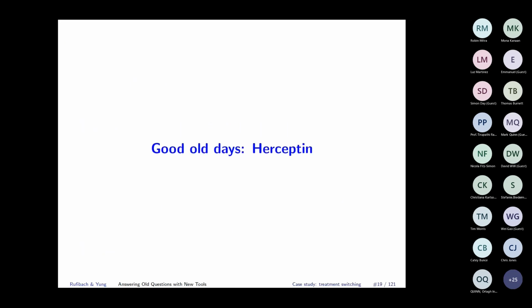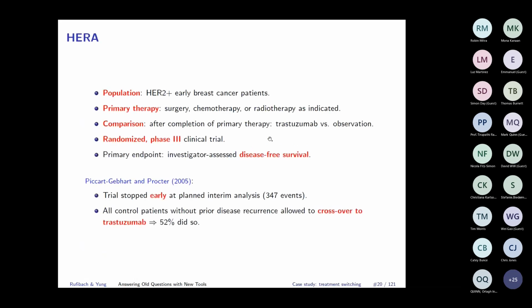And I start off with the good old days, Herceptin. This is a drug to treat HER2-positive early breast cancer patients, and was assessed in a large trial, HERA, where the primary therapy was surgery, chemotherapy, or radiotherapy, as indicated in early breast cancer.